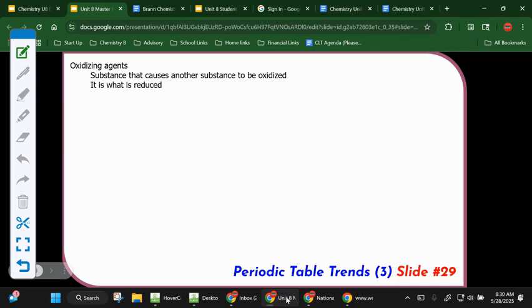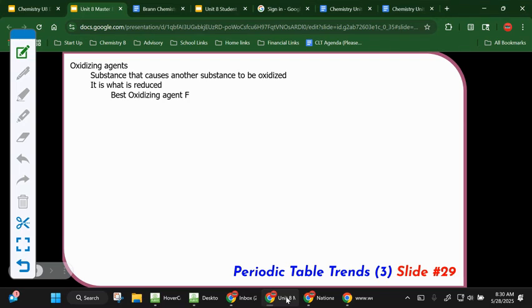Okay? So oxidizing agents are what gets reduced. And reduction was doing what with the electrons? Gaining or losing? No. Gaining. What elements like to gain electrons? What element is the best at gaining an electron? Fluorine. So the best oxidizing agent is fluorine.